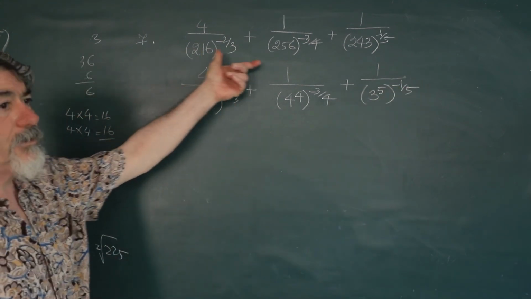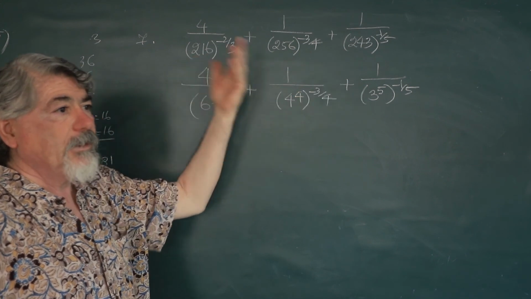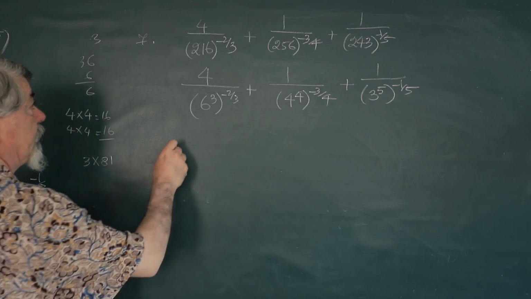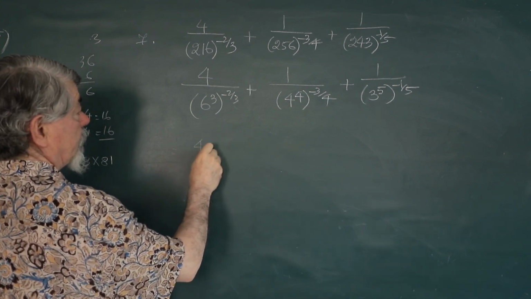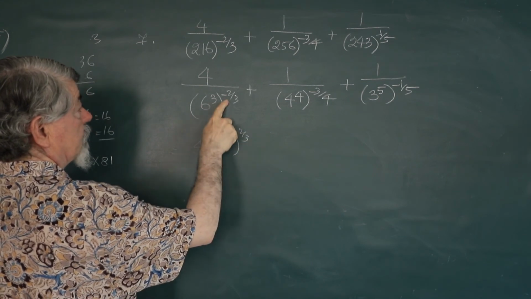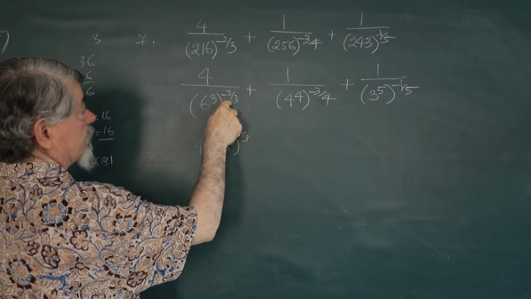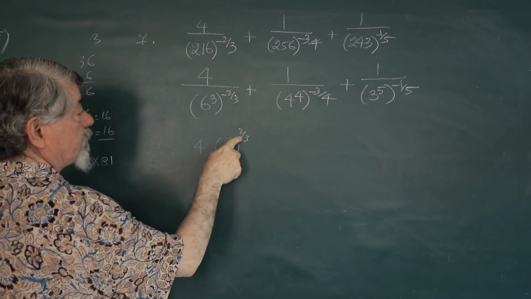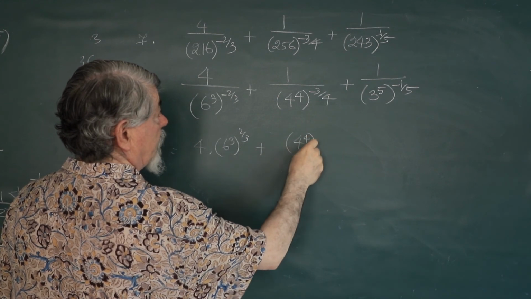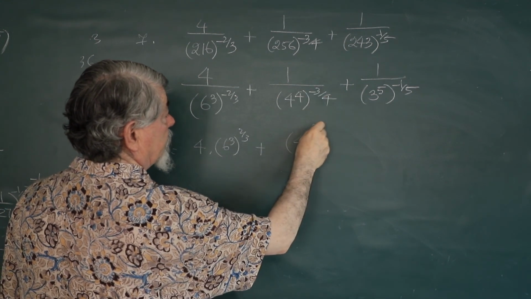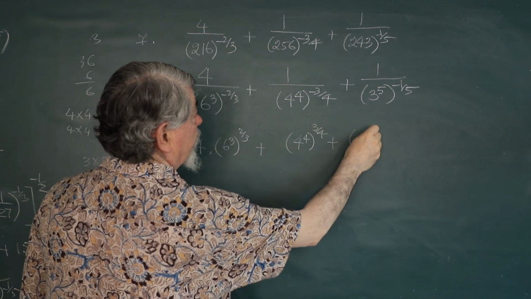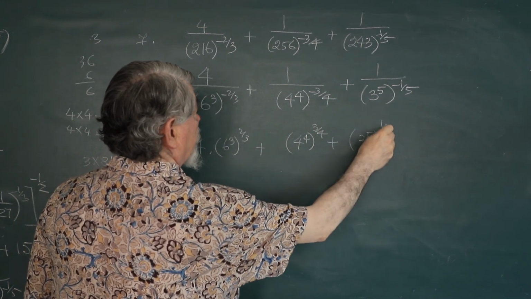So you should be able to remember these numbers, and what factors we get when we break them into prime factors. So 4 into 6 to the power 3, to the power 2 upon 3. This power changes from negative to positive. Plus 4 to the power 4, to the power 3 upon 4. Plus 3 to the power 5, to the power 1 upon 5.